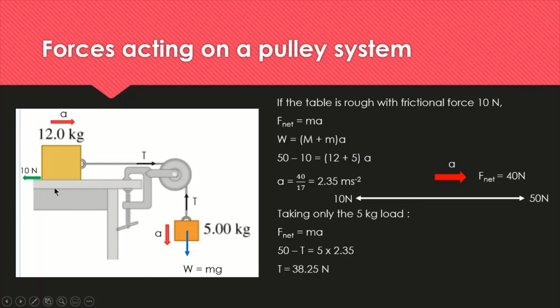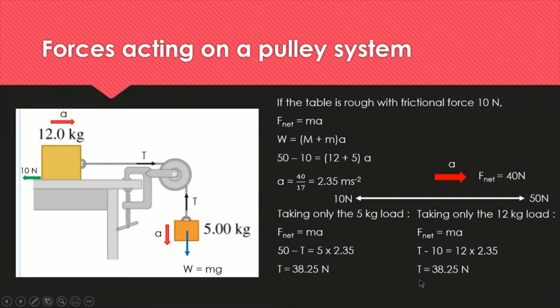What if we take this side? Same way, we take the side of the 12 kg load, so F net equals MA. Now the system is moving to the right, so F net is to the right. F net and tension are in the same direction, so T is positive, but friction is in the opposite direction, so minus friction equals mass times acceleration.